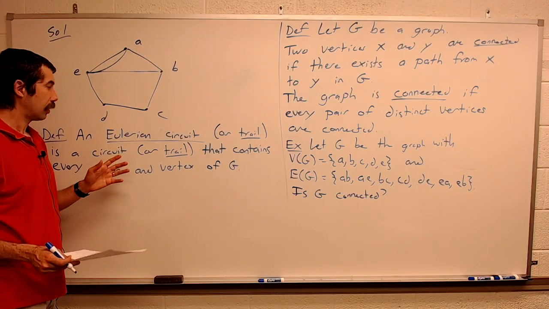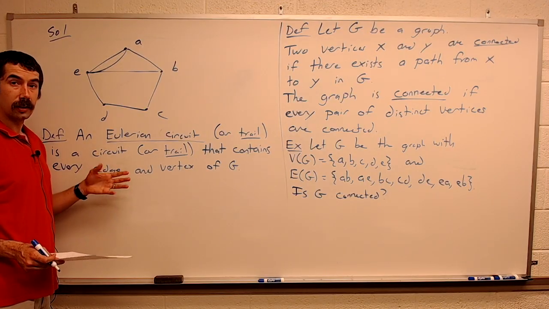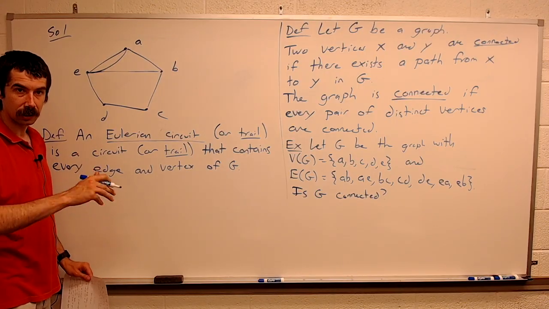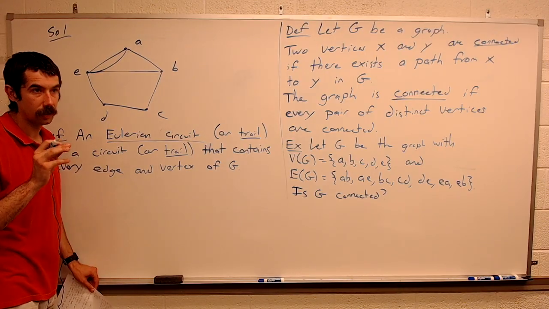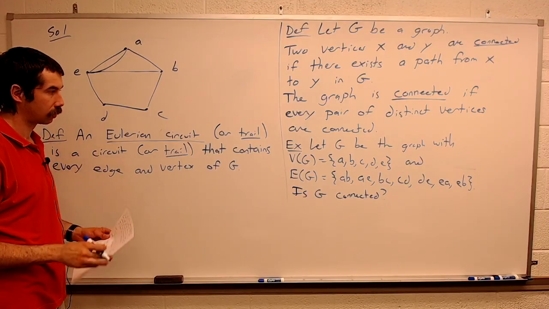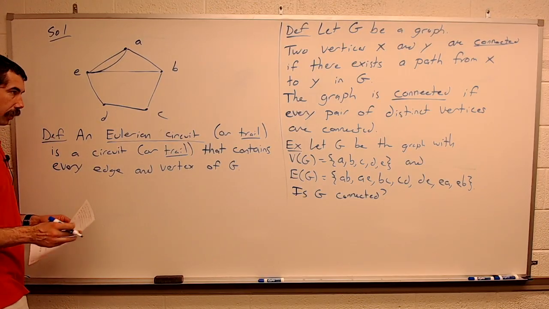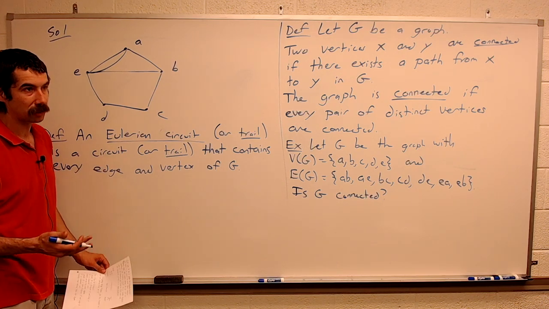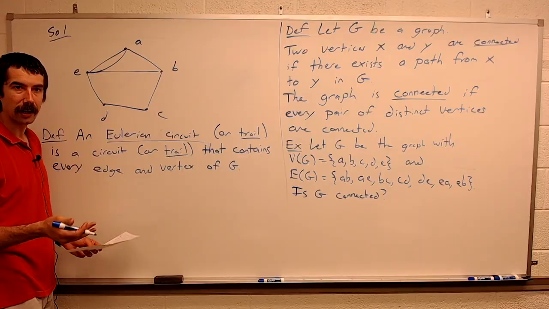Okay, so it's a circuit that contains every edge and vertex. So we cross each edge exactly once. Okay? It's possible that this is impossible on some graphs. We'll have a way to check.